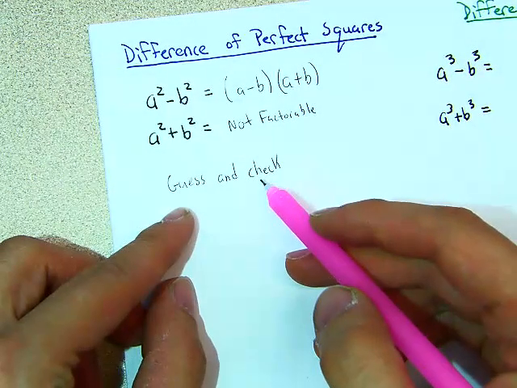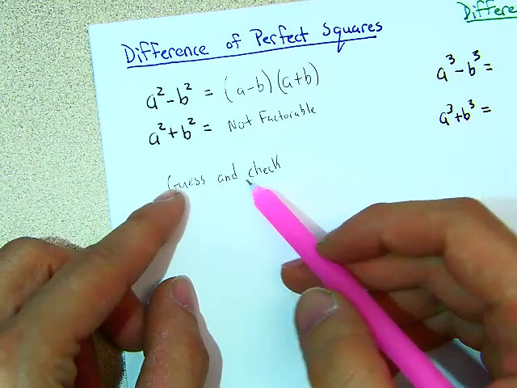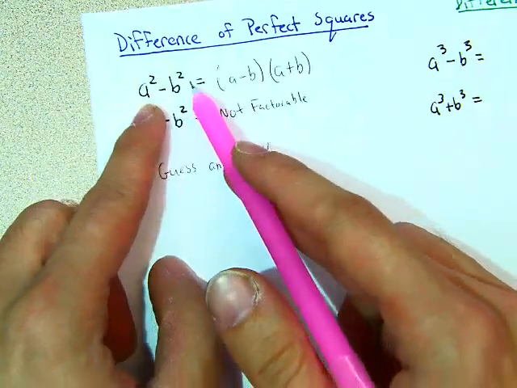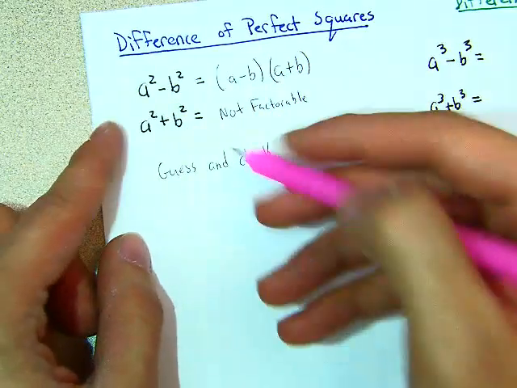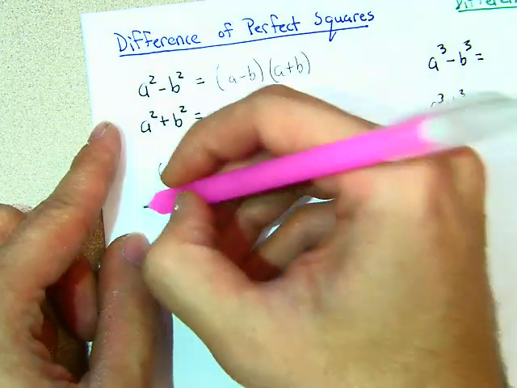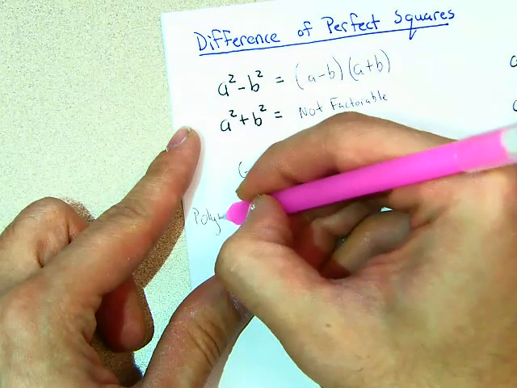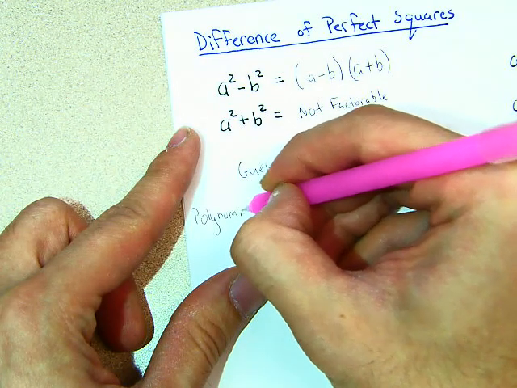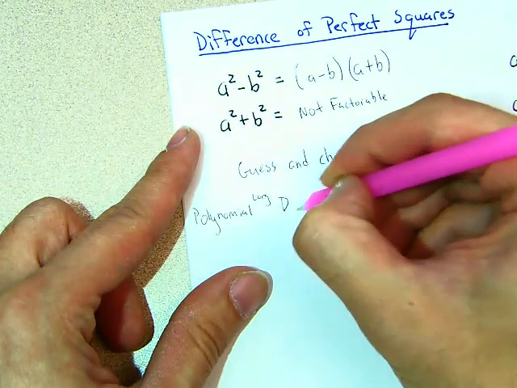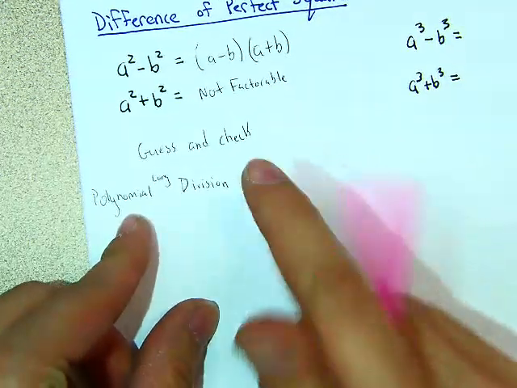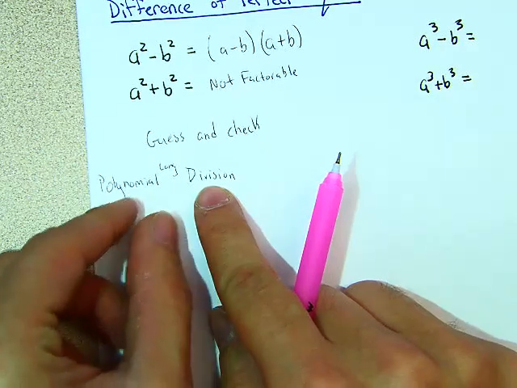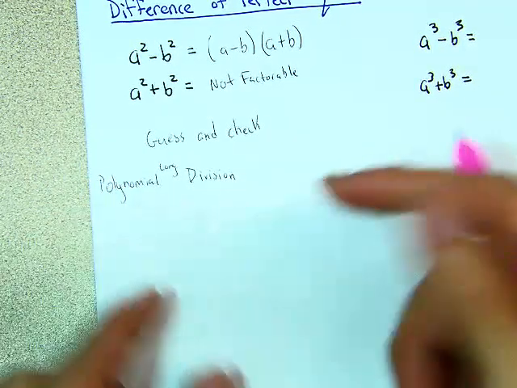So if you don't guess and check, what is the actual way to figure out what this is? It has to be through polynomial long division. And I can already feel the groans. You're like, Mister, I don't remember how to do this, or it's been such a long time. But let's see.